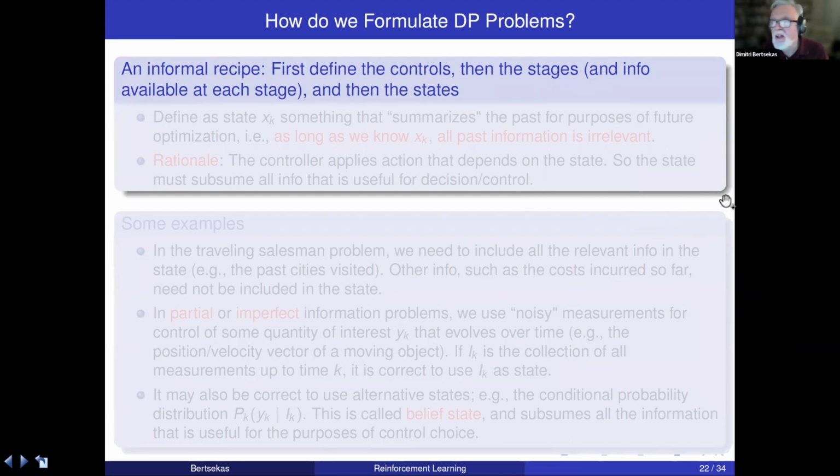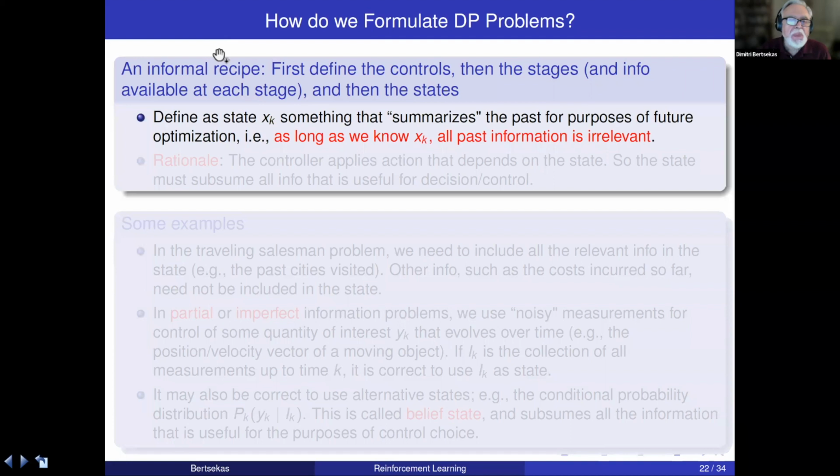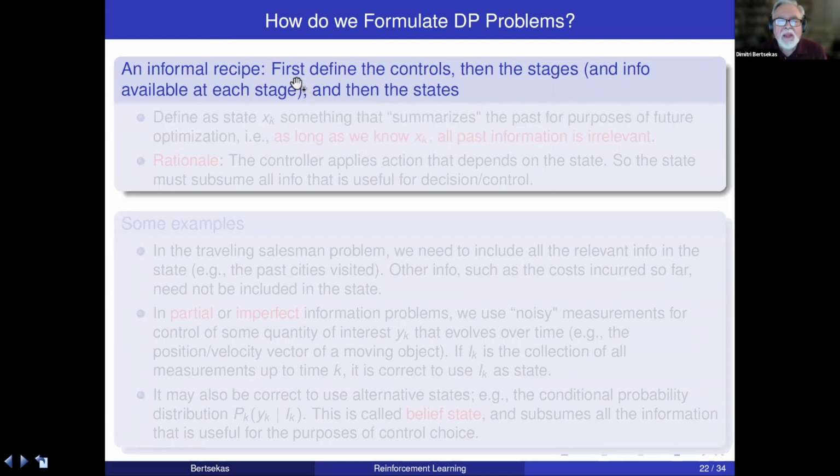I can only tell you how I do it. My recipe. I first define the controls because these are easy to define. In a given practical situation, you know what kind of means you have to affect what your decisions are.